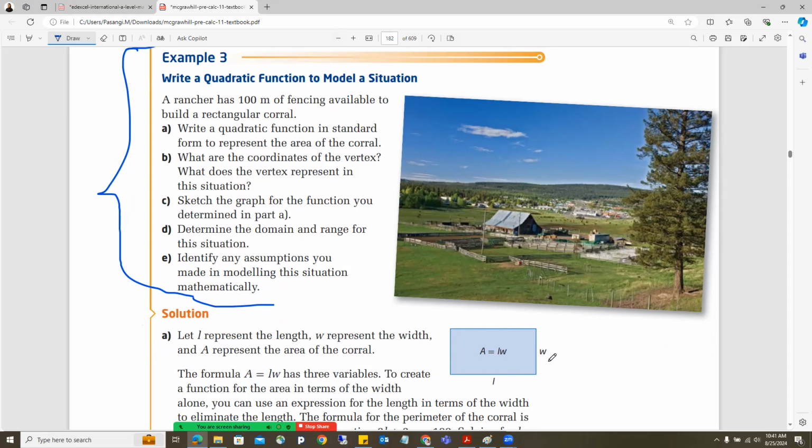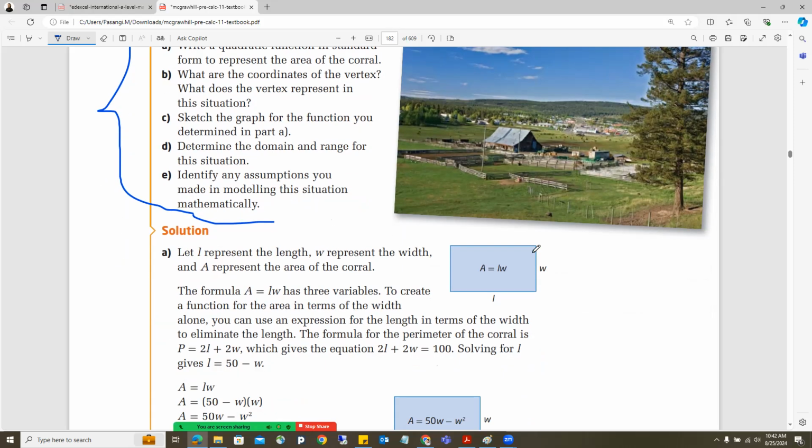So the length would be L and the width would be W. Then the entire area would be what? Area is LW, the multiplication of the length and the width. The first part is to write a quadratic function in standard form to represent the area of the corral.